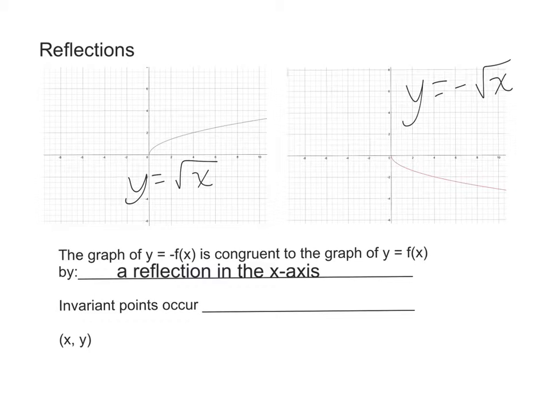So invariant points, what does that word invariant mean? It doesn't change, right. So we're looking for points that don't change from the original to the reflection. And where would those points be? For this particular graph, it's x equals 0. Is it always x equals 0?